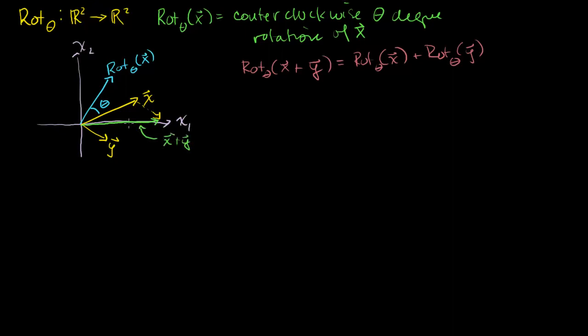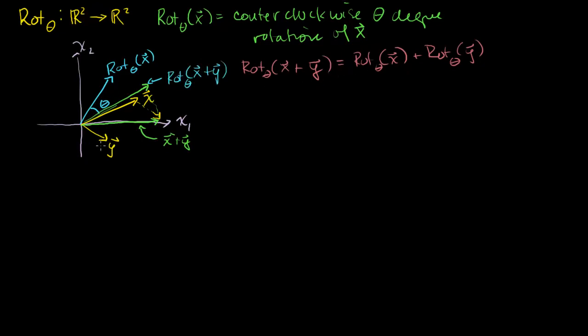And what would its rotation look like through an angle of theta? Well, if you just rotate this through an angle of theta, I'm just approximating, it would look something like that. So this right here would be the rotation through an angle of theta of x plus y. Now let's see if that's the same thing as if we rotate x and rotate y and then add them together.